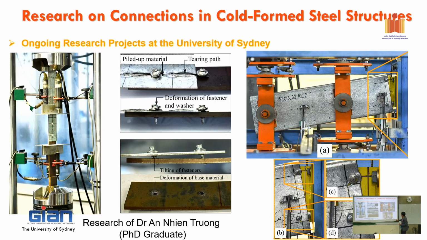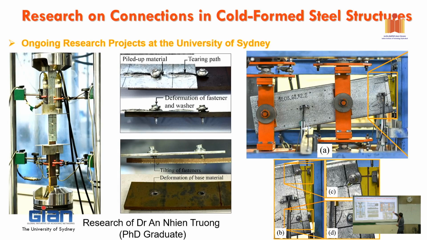So we need to come up with a design model for that type of connection using our screw or bolt connection. That's where we come up with what we call a dual actuator test rig. We are probably the first in the world to build these rigs.